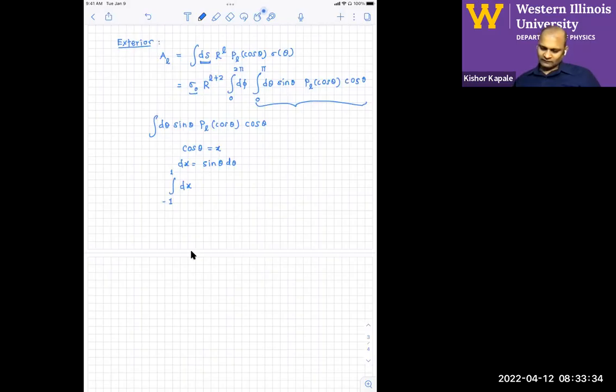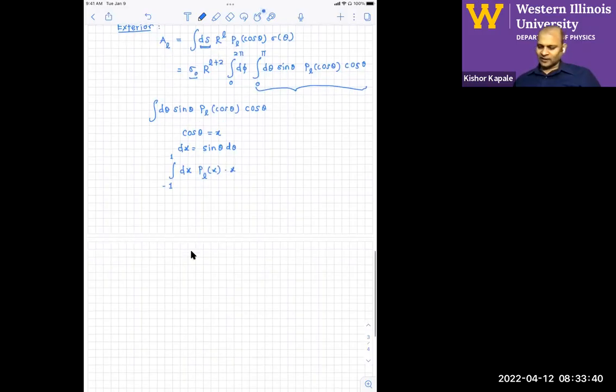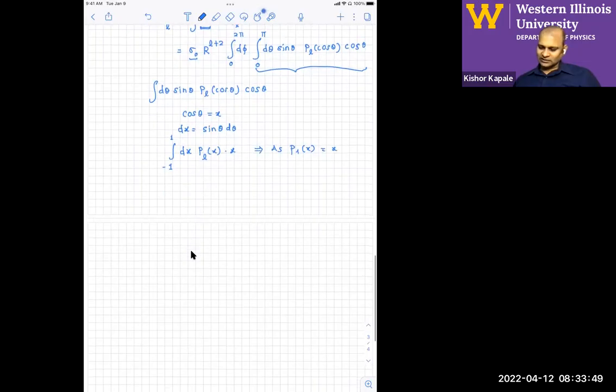And then you have dx P_L of x multiplied by x. And this implies that, as P_1 of x is proportional to x, the integral here is going to be delta L1. Everybody with me?